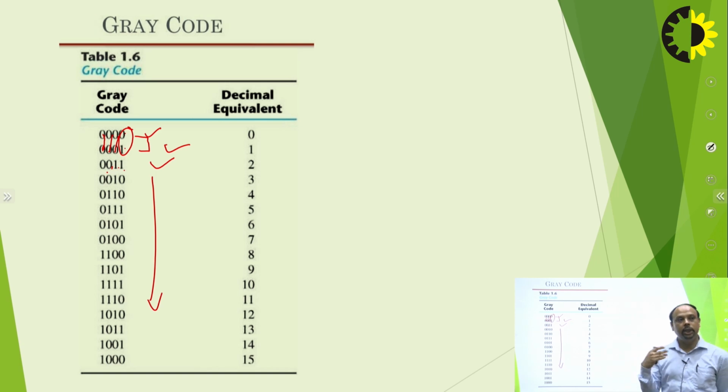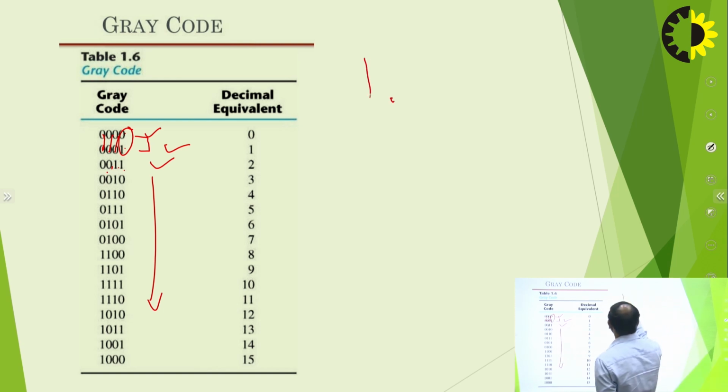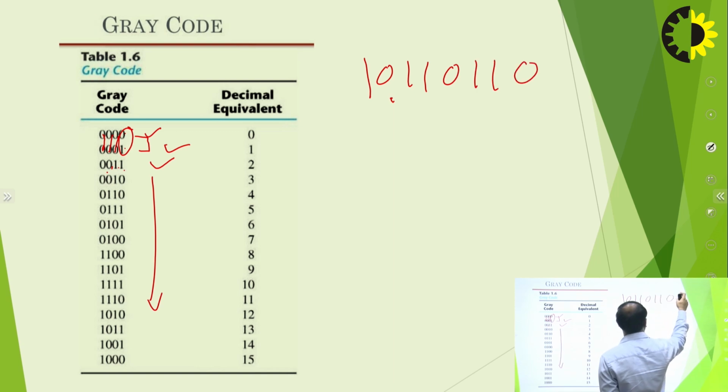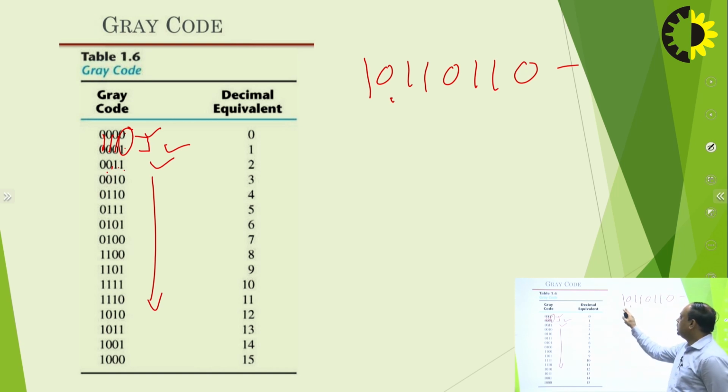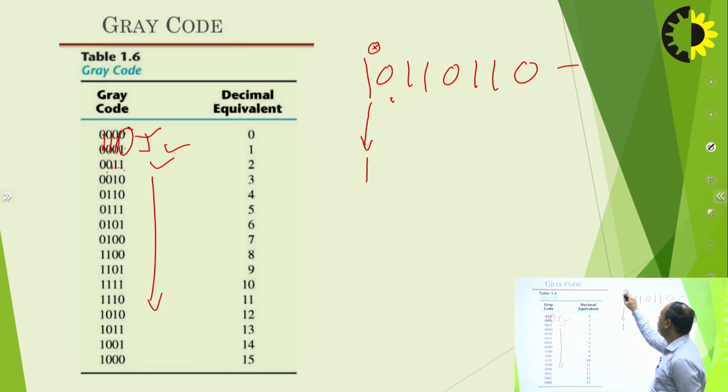So how can we generate the Gray code? Let's suppose we have the binary number 0110110. This is in binary, and we want to represent it in Gray. How can we do that? The first bit is placed as it is over here, and then there is an XOR gate.